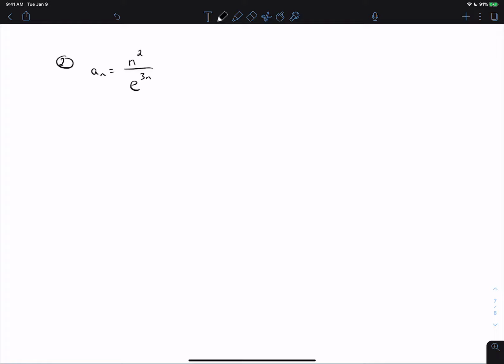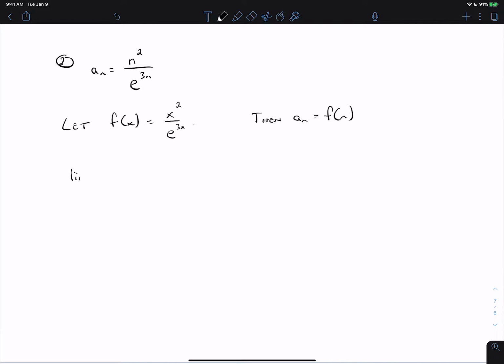Okay, so again, this is a formula in the form infinity over infinity. Let f of x equal x squared over e to the 3x. Then obviously a_n is equal to f of n. We look at the limit as x approaches infinity of x squared over e to the 3x.